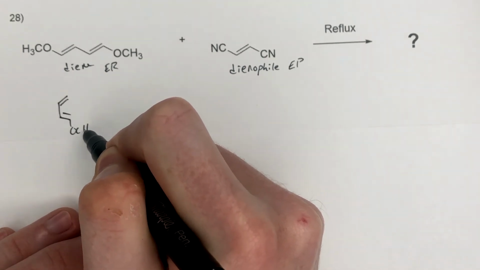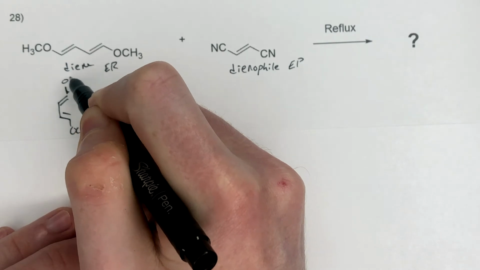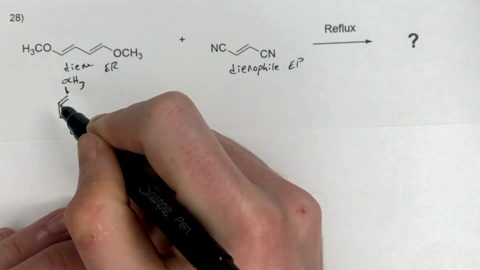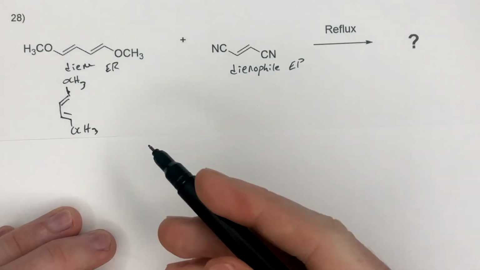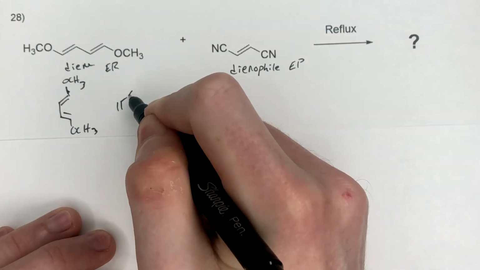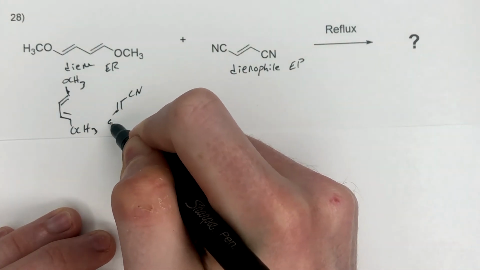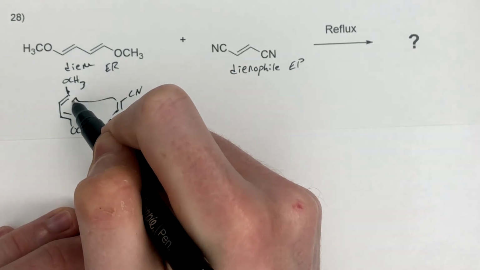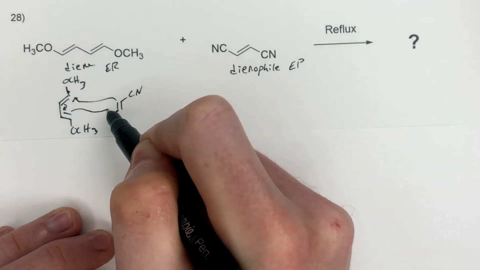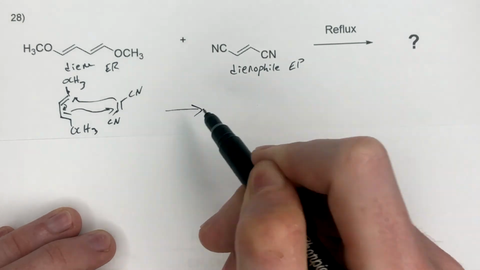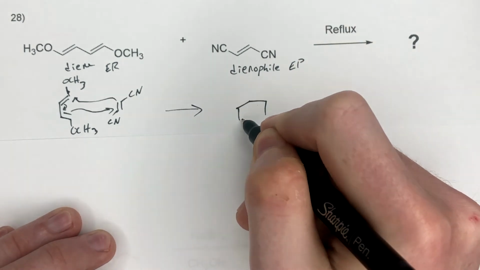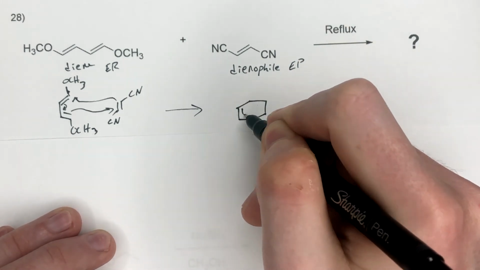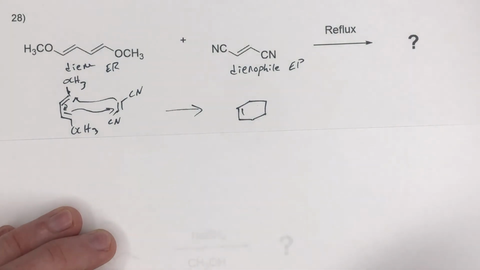I'm going to draw this diene retaining the stereochemistry, retaining the trans orientation, but drawing it so it's easy to draw the Diels-Alder. So you have this type of reaction occurring, where you create the cyclohexene now.